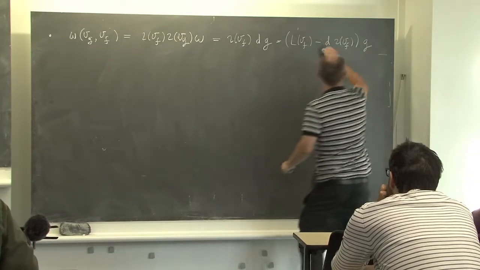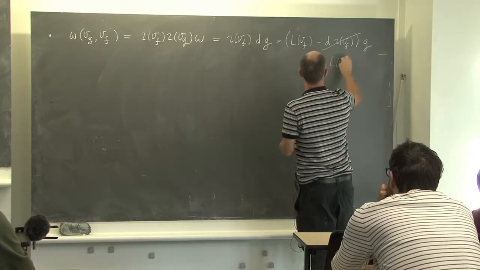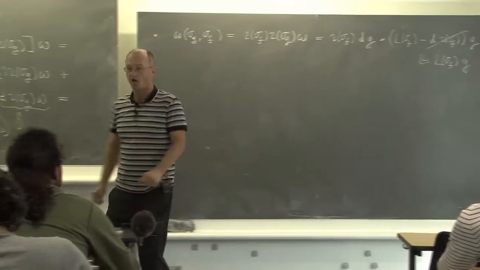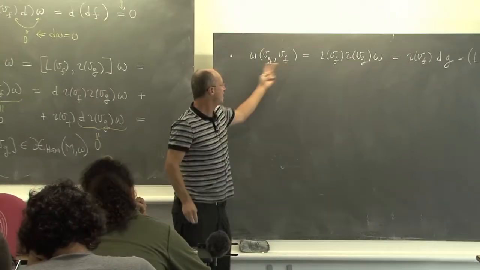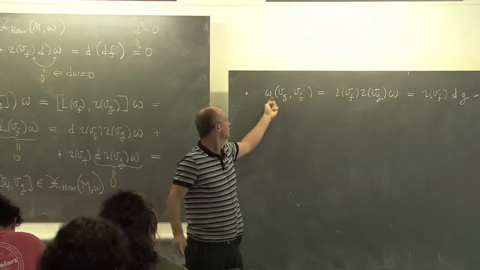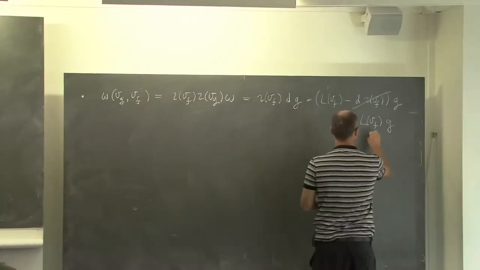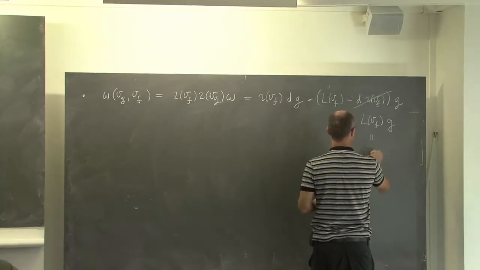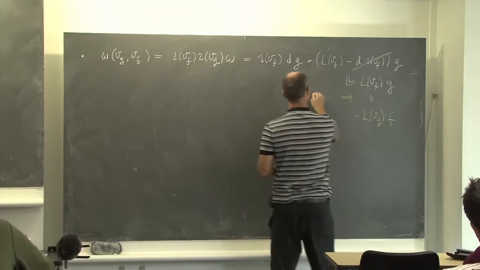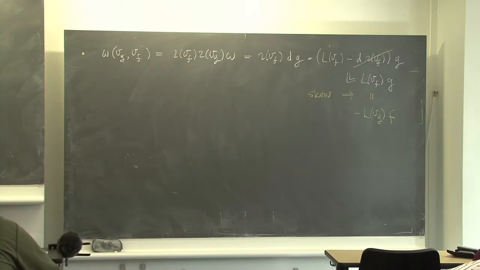So it is equal to L Vf g. And recall, this is clearly skew-symmetric with respect to the exchange of f and g, right? Because omega is skew-symmetric. But then this means this is the same as minus L Vg f.